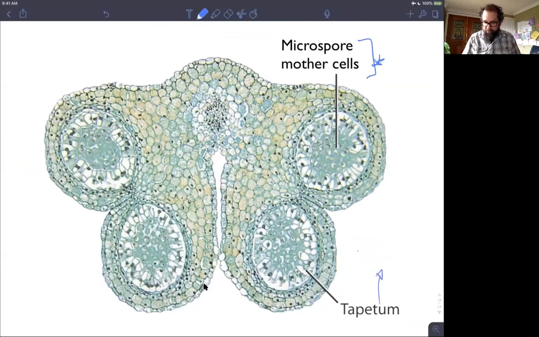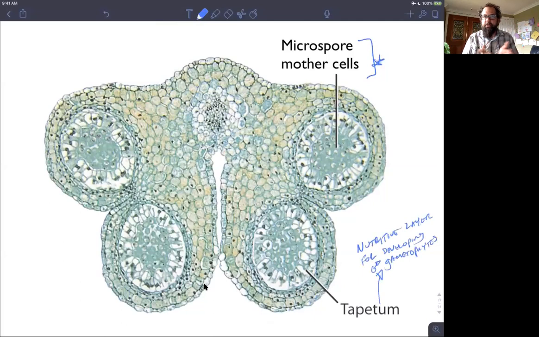And the tapetum is a nutritive layer for the developing male gametophytes, or pollen grains. And so before meiosis occurs, we have those mother cells. Those mother cells are all diploid cells in this slide right now. And the tapetum is made up of diploid sporophyte cells. So these are all sporophyte cells.